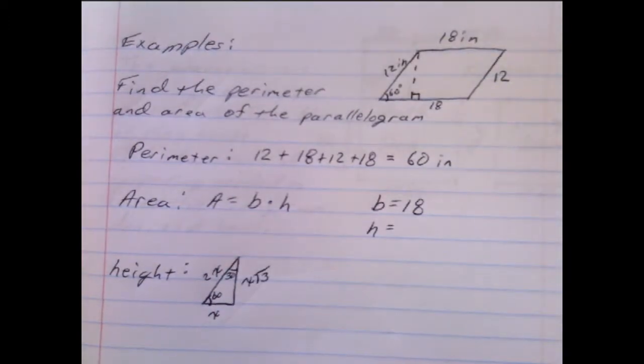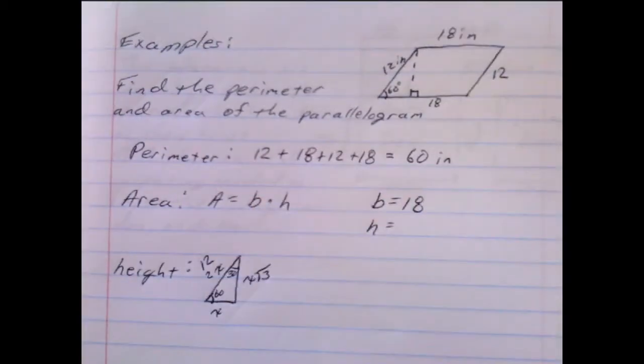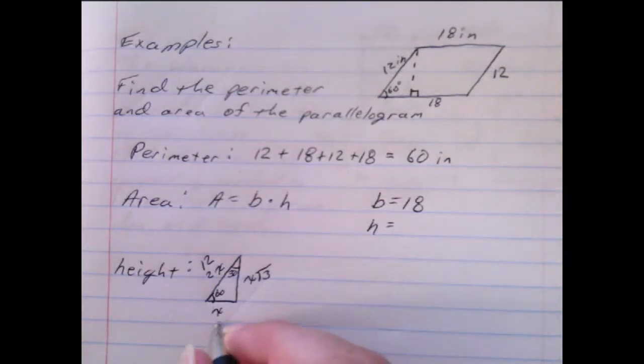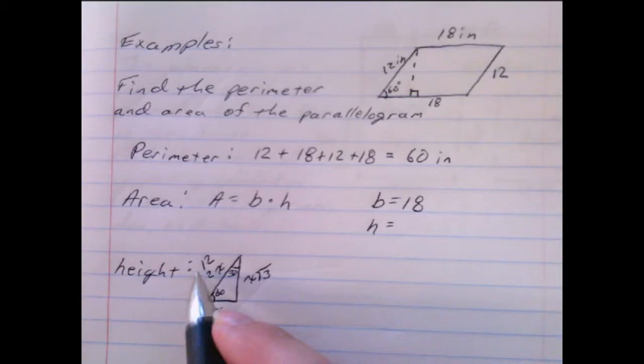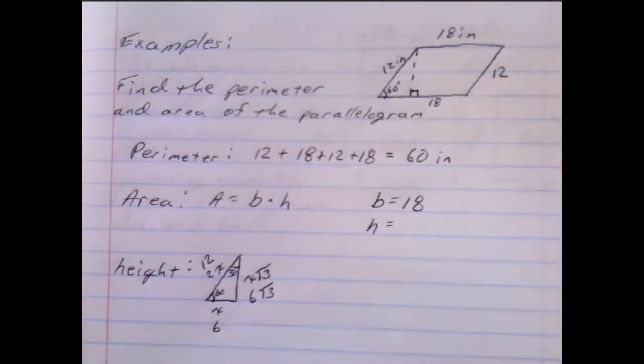Those were our sides. We know that this one is 12, so 2x is 12. So then what does that mean for my x? Well, then my x has to be 6 because 2x is 12. So then I plug it in over here. I have 6 square root of 3.